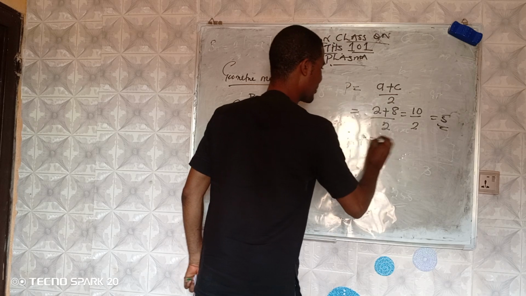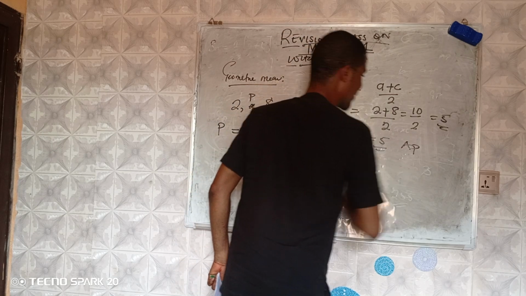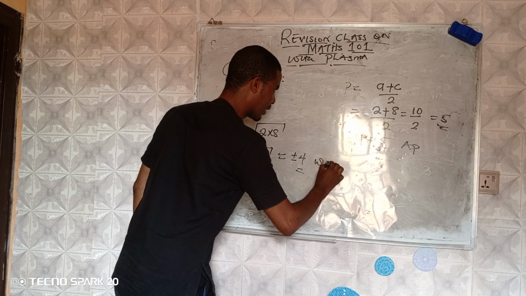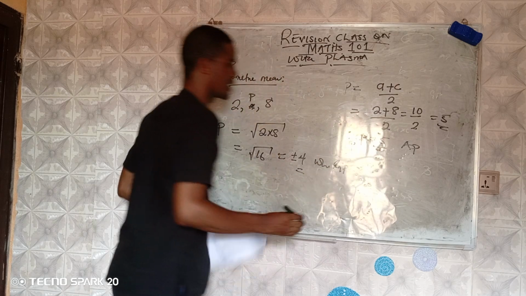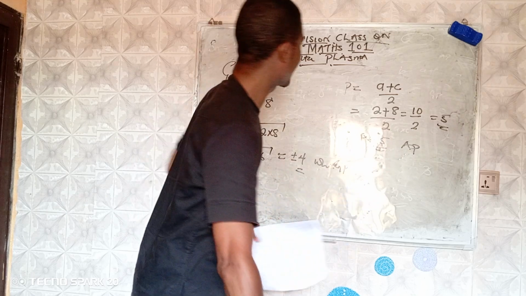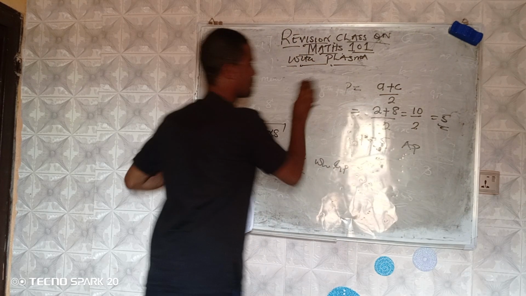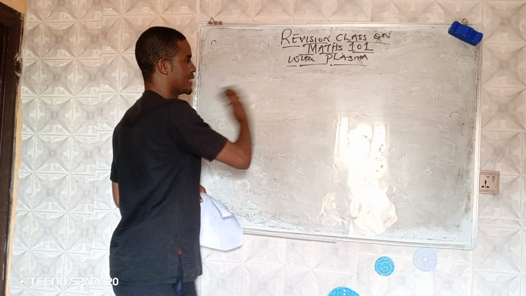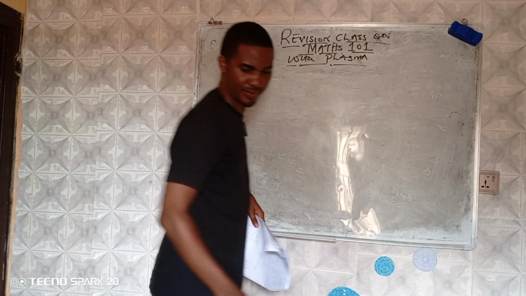That means value of P becomes 5 when we talk about AP, and value of P becomes plus or minus 4 when we talk about GP. So this is what we mean by geometric mean, and this is what we mean by arithmetic mean. Let's take one more example in geometric mean and arithmetic mean. Then we'll look at past questions.